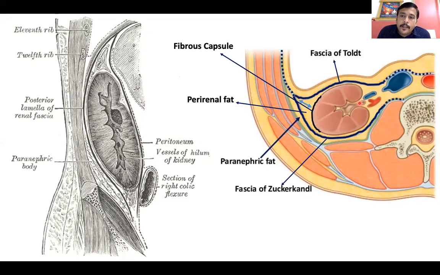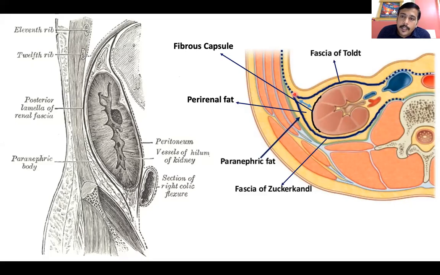Outside this perirenal fat, we have the renal fascia, which is nothing but the condensed extraperitoneal tissue. This renal fascia has two layers, the anterior layer and the posterior layer.